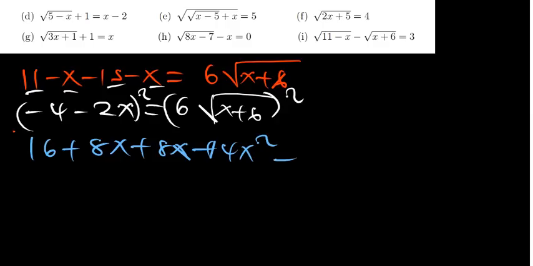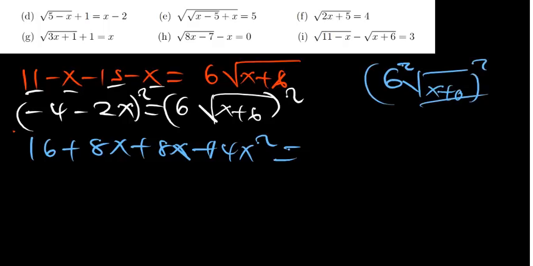This has to be equal to, here I'm squaring 6 times the square root of x plus 6, meaning that I have to square 6. So 6 squared is 36. Then if I square the square root, it will be removed, and I will say x plus 6. Anyone who is behind?